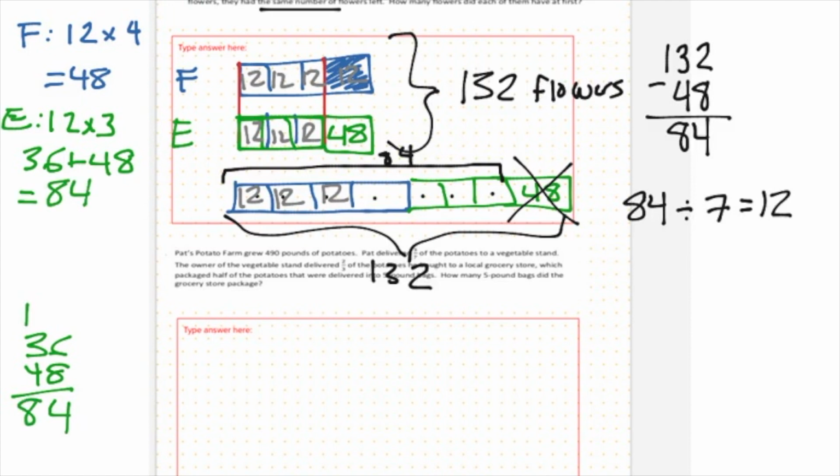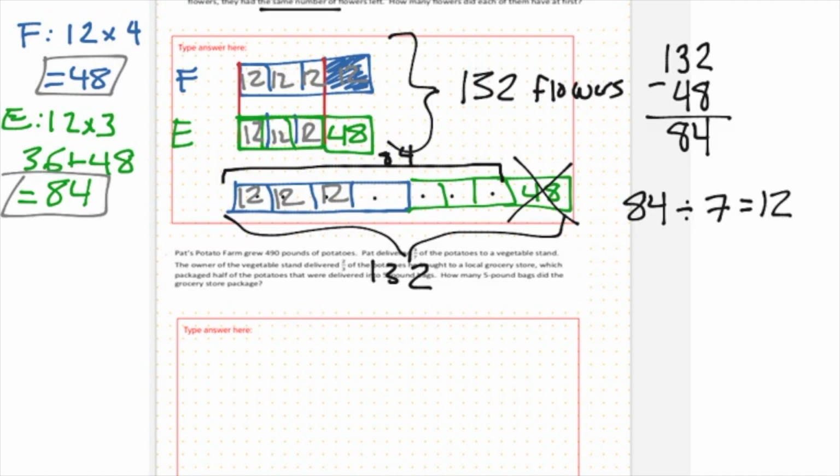So Ethel started with 84. And to check your work, if you were to add 48 and 84, you would get 132, that total. That's how we figure that one out. Make sure you get a complete sentence written down explaining this one.